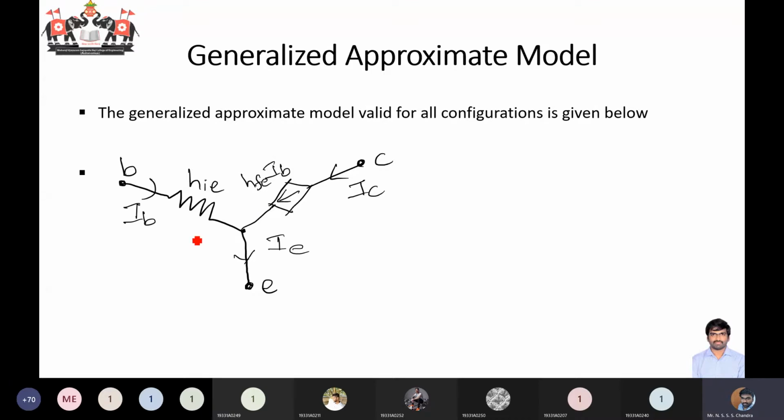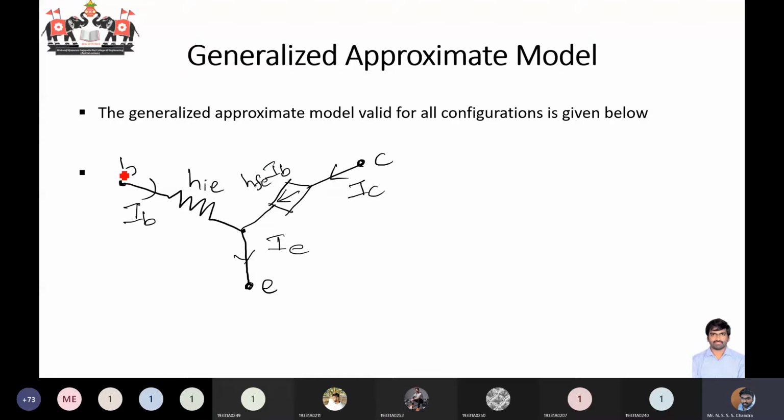Now if you require a common base transistor, then we'll give the input signal between the emitter and base, and take the output signal between the collector and base. If you require a common collector circuit, then we'll give the input signal between your base and collector, and take the output signal between the emitter and collector.